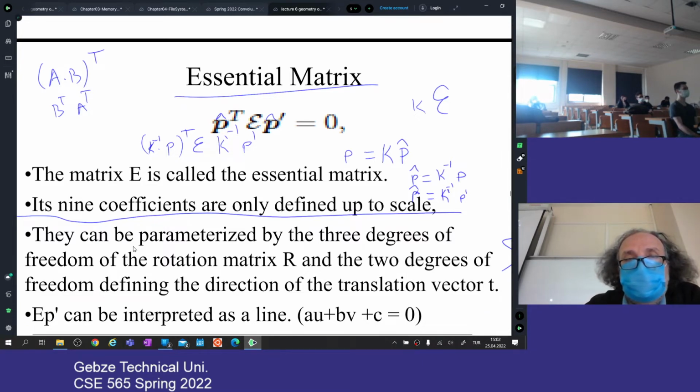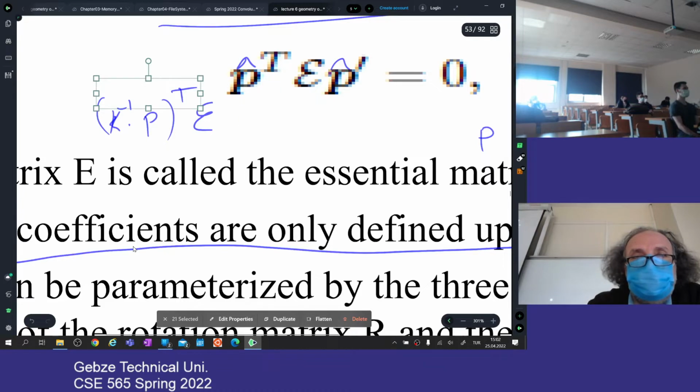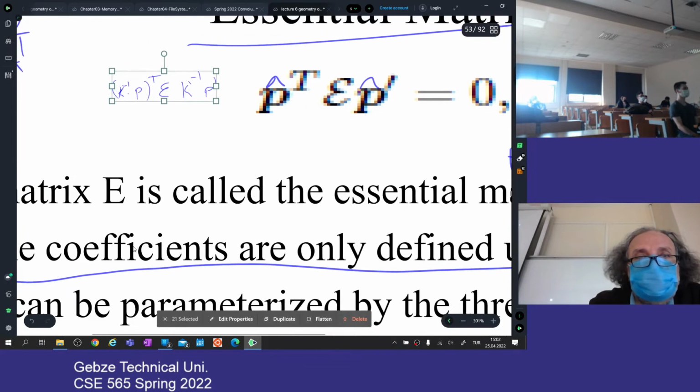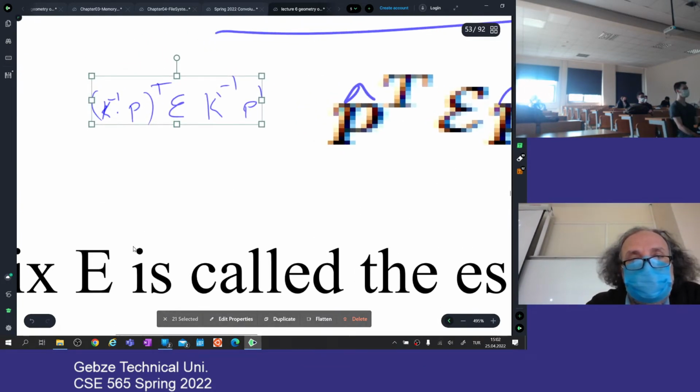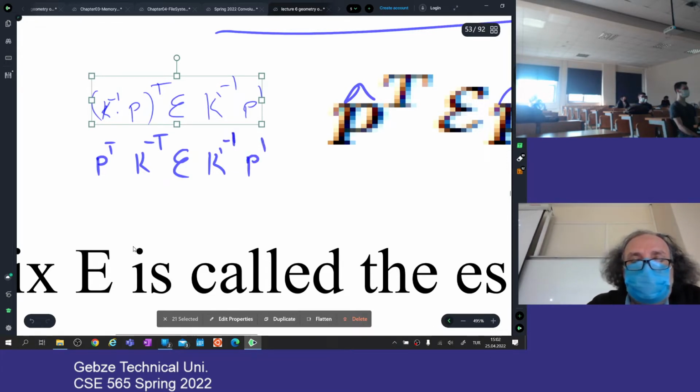Then I will write this. Let me make this a little bit smaller so that it can fit. Using the same equation, I will say P transpose times K minus T. We represent it this way. It's like transpose and inverse of it, times E times K prime minus 1 times P prime.